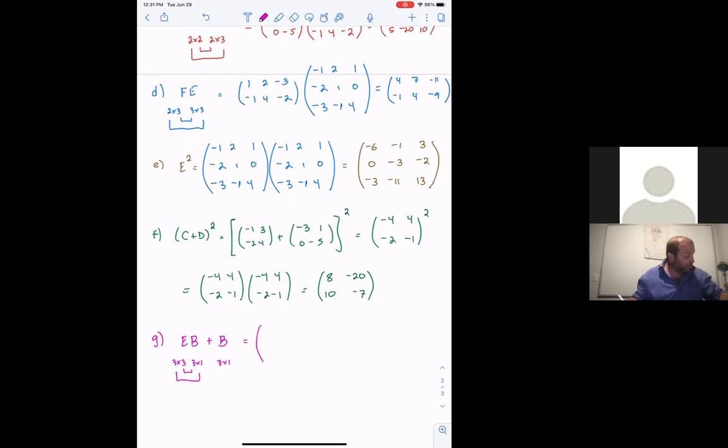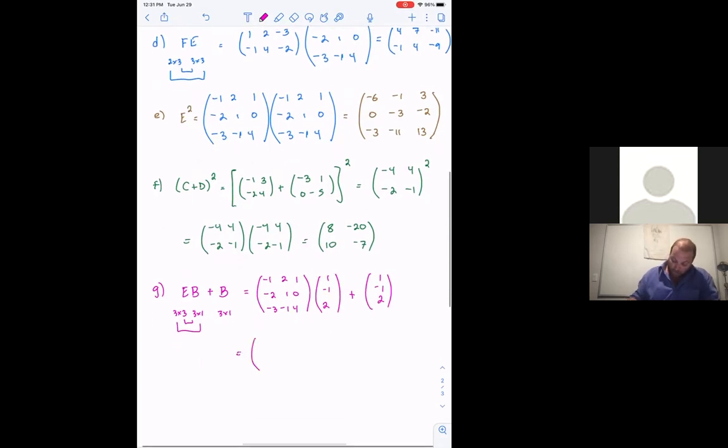E is again [-1, 2, 1; -2, 1, 0; -3, -1, 4], multiplied by B, which is 1, -1, 2. And I'm going to add that to B, which is 1, -1, 2.